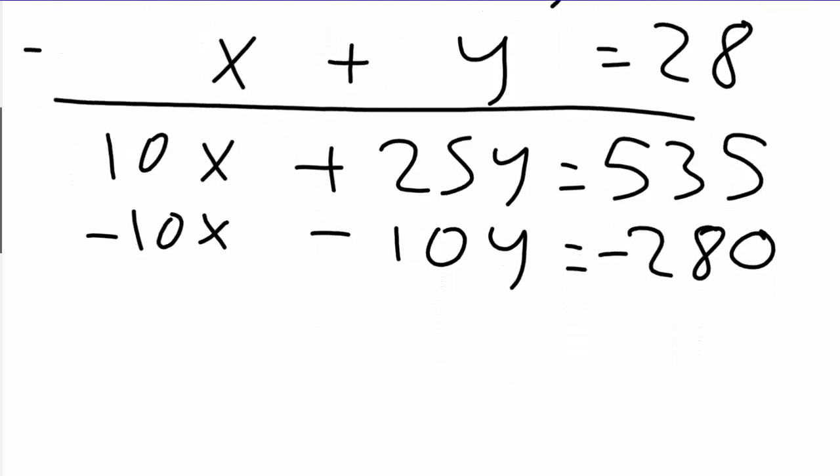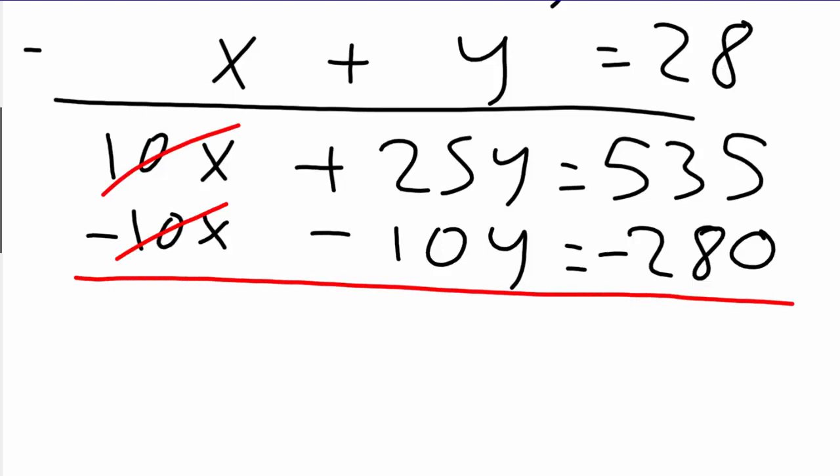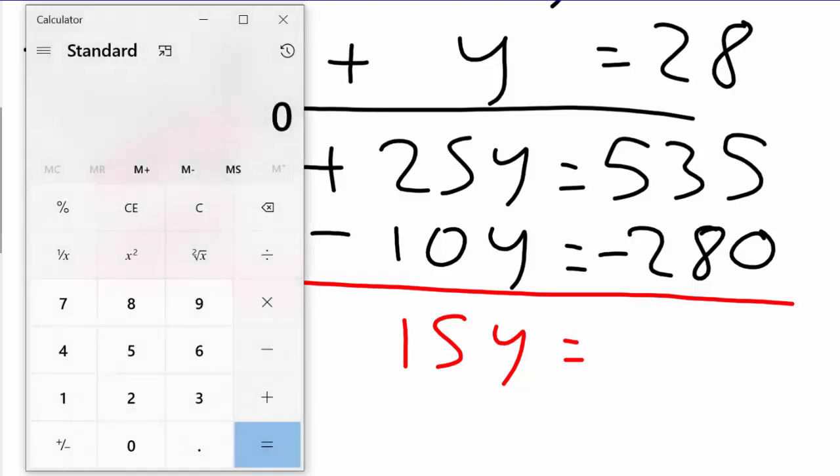Let's start eliminating. X's are eliminated. So what is 25 minus 10y? That is 15y equals, what is 535 minus 280? It is 255, but let's just make sure. Let's not make a mistake here. 535 minus 280, is it 255?